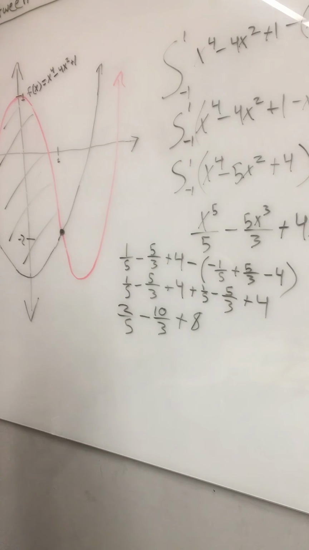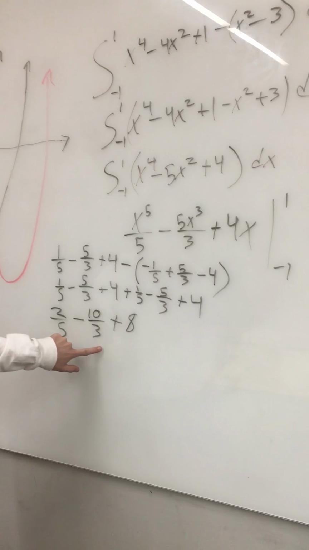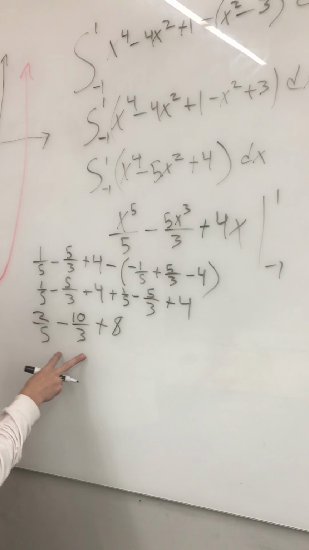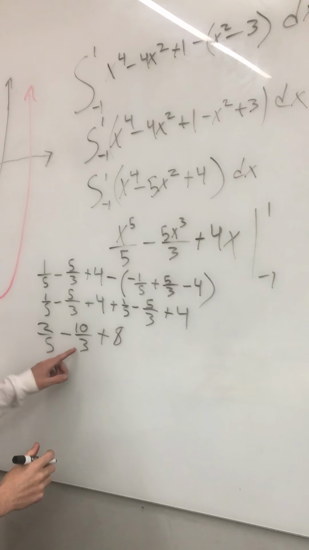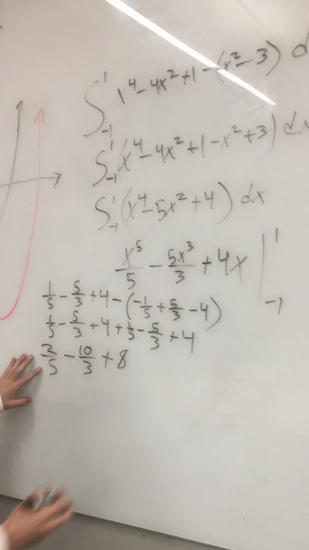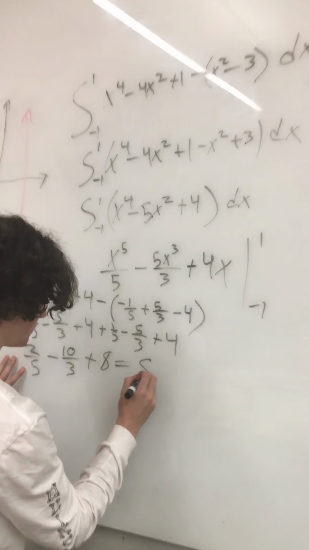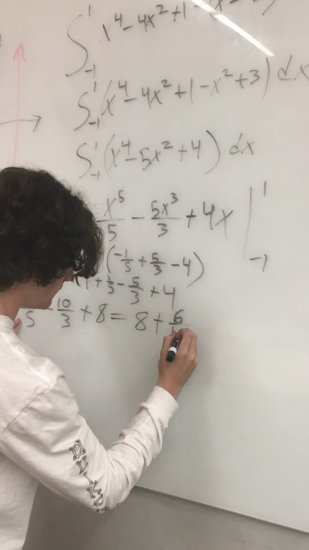And then from there, what we can do is we can create a common denominator here. So the common denominator would be 5 times 3, which is 15. So this will become 3 times 2 is 6. So it'll be 6/15. So equals 8 plus 6/15.